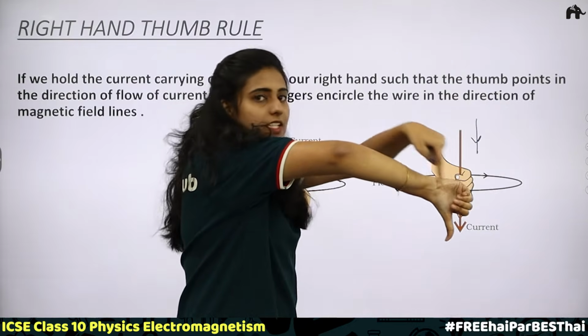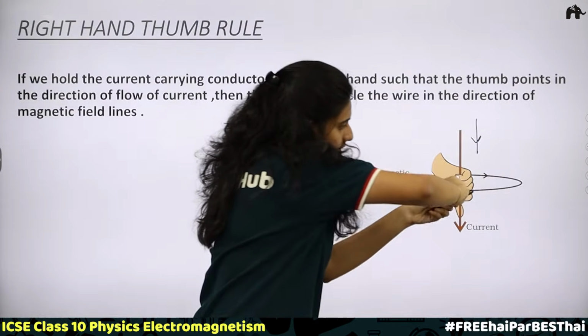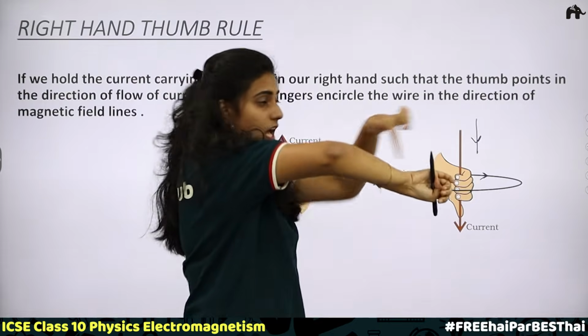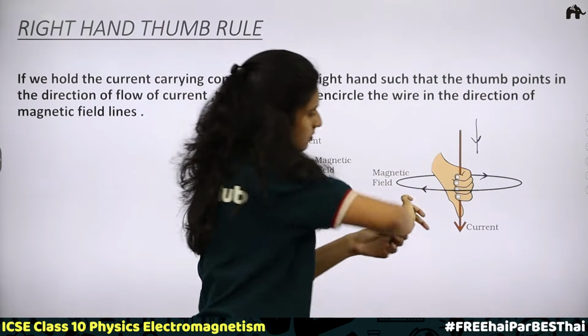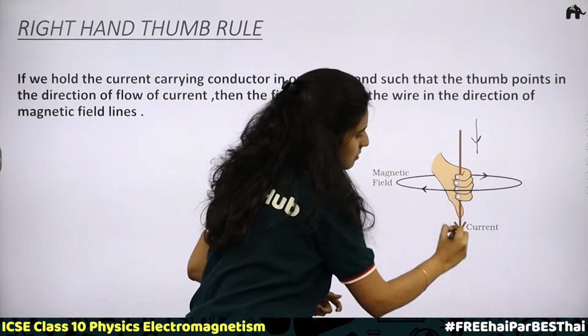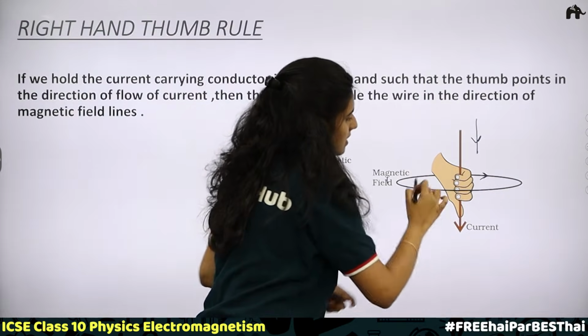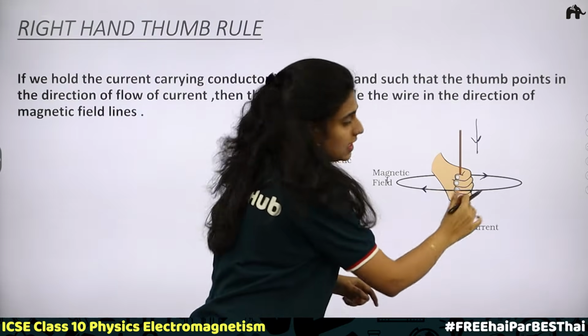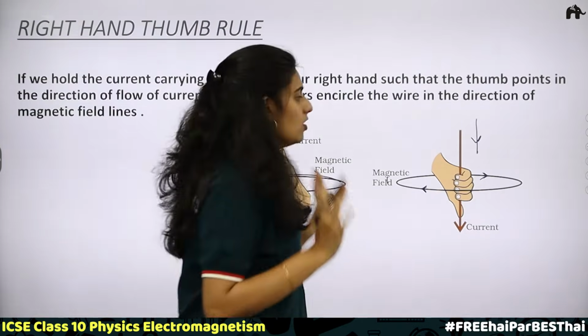You can see the fingers which wrap around it. So here this is the direction and the upper part in this direction. Clear? So here you have the thumb in the direction of current and the magnetic field is in the direction in which the other four fingers point. So this is your right hand thumb rule.